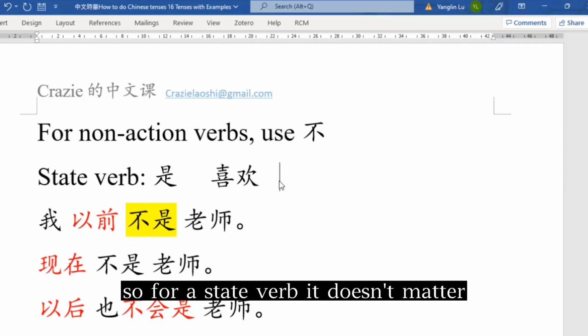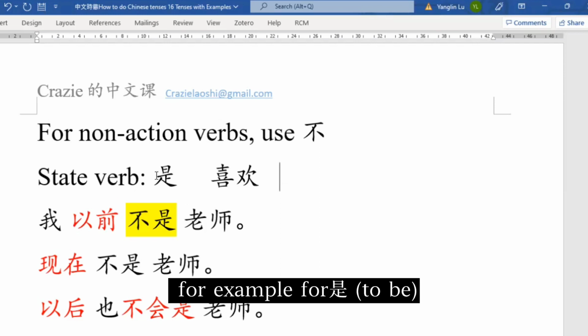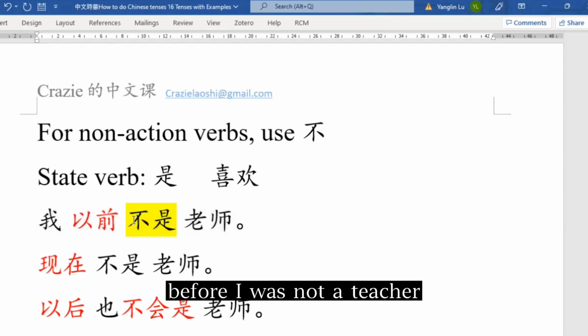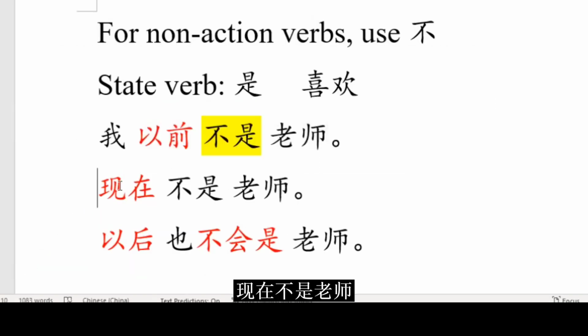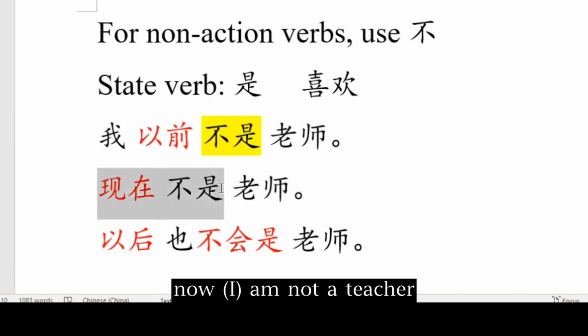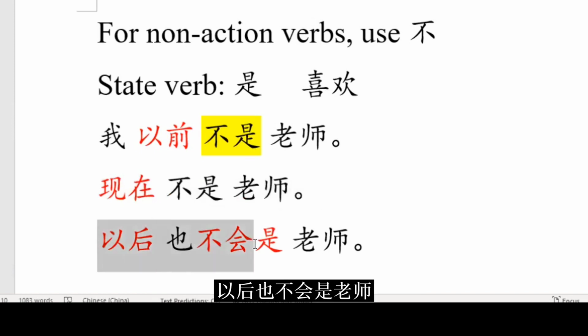So for a state verb, it doesn't matter when it happens. For example, for 是, so let's see. 我以前不是老师. Before, I was not a teacher. 现在不是老师. Now, I am not a teacher. 以后也不会是老师.